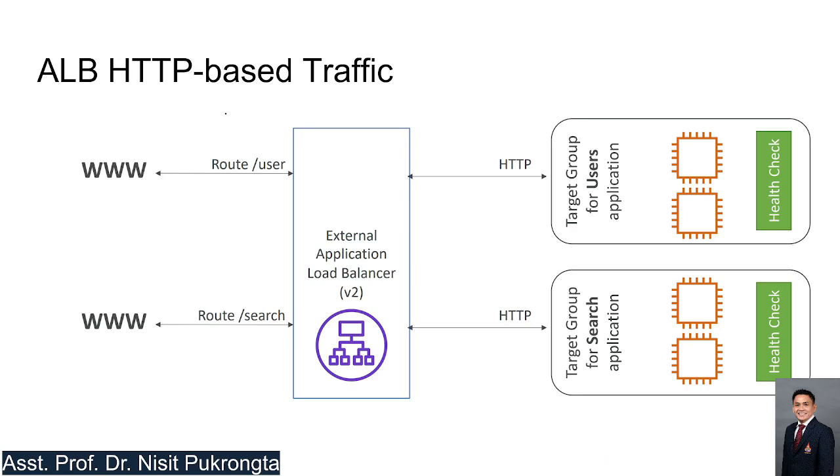This slide shows the traffic, right? When the client requests and we have the LB, the LB will balance, like one target group for the user application and another for the search keyword. Different types of users, right? A target group for the user application.